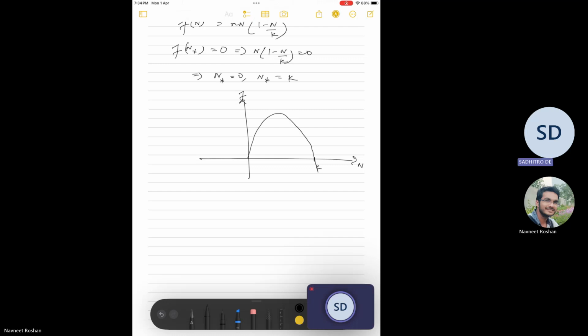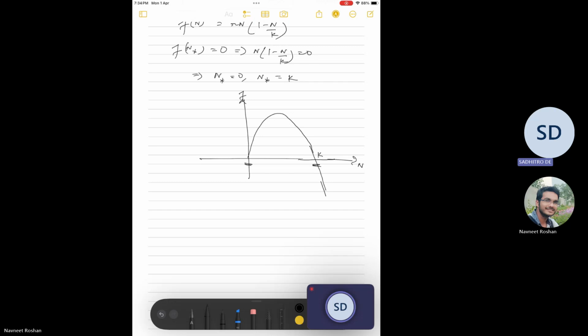So it looks something like this. So here is one fixed point. So there are two fixed points, one at 0 over here, and one at N equal to K.